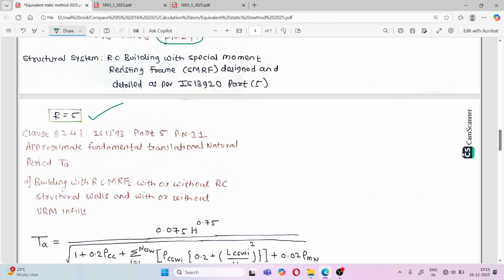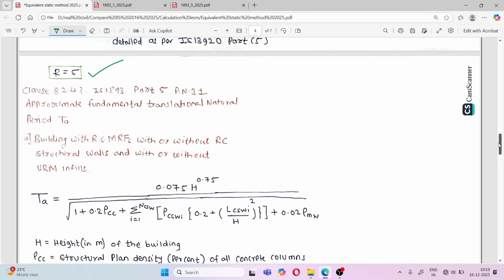Now this is a very important part, finding the time period. As per clause 8.2.4.3 of IS 1893 Part 5, page number 31, approximate fundamental translational natural period Ta.